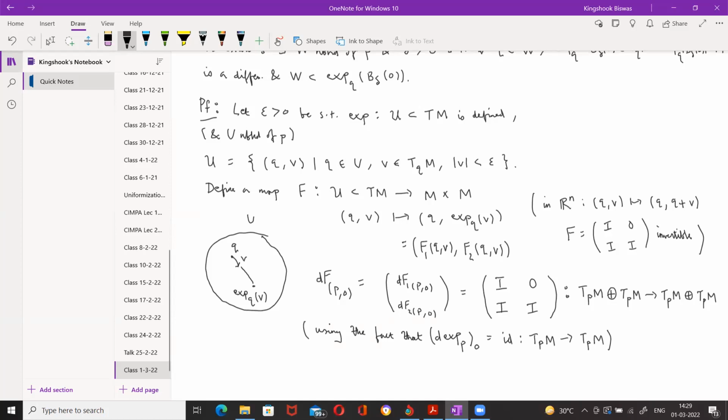Okay, is this all right? Hence, DF is invertible at (P, 0).